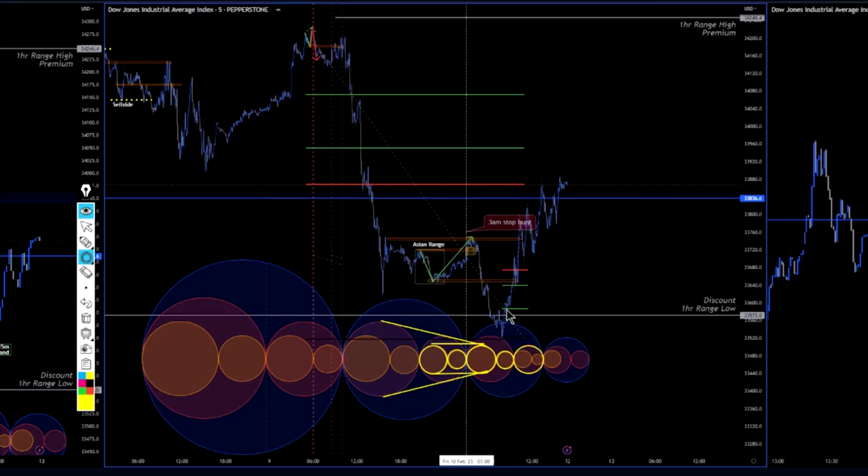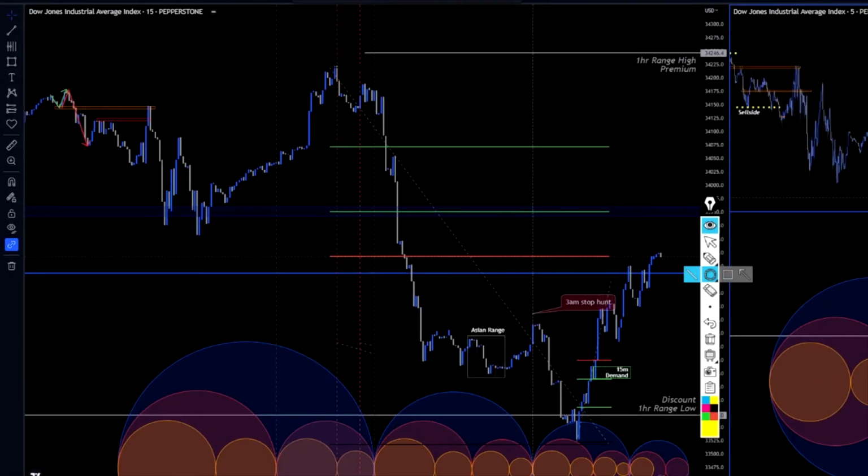So here we have the breaker, we have this displacement leg going up, and then you get this. Just see the wick just by here that comes down to touching 79%. That's the beginning of the bullish move to take out all of this liquidity above. So that completes the step, the cycle.